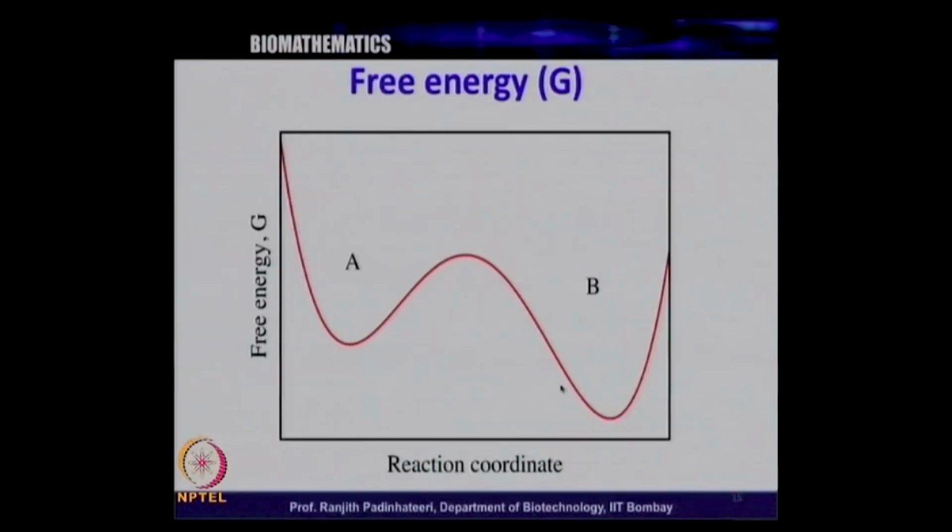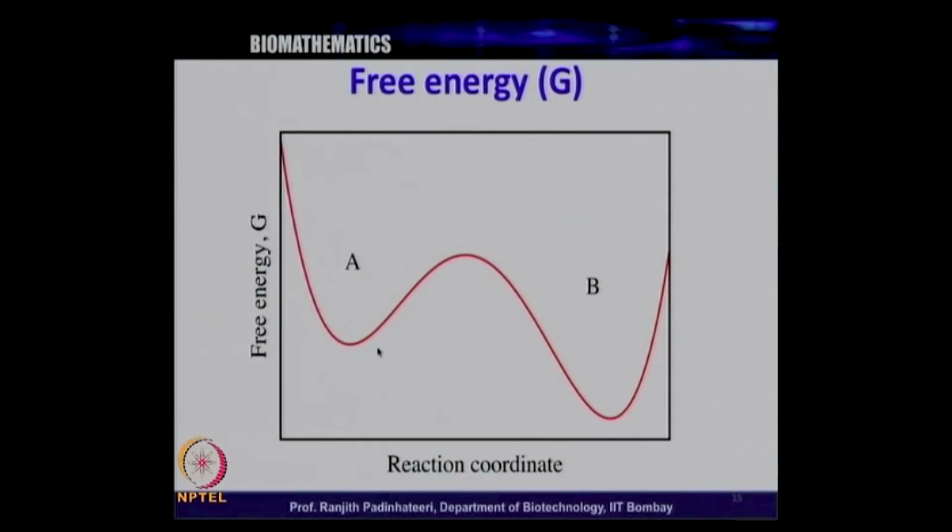You might have seen this particular graph. Let us have a look at it, where free energy is plotted against some reaction coordinate, and you have two states A and B. This typical shape of the graph you might have seen in various courses that you have studied.